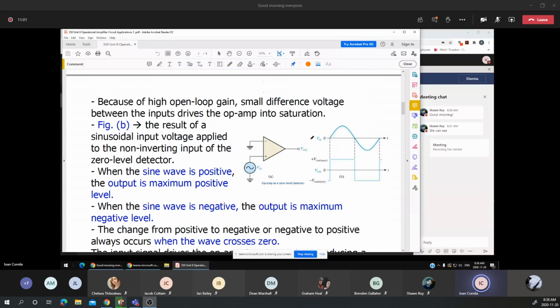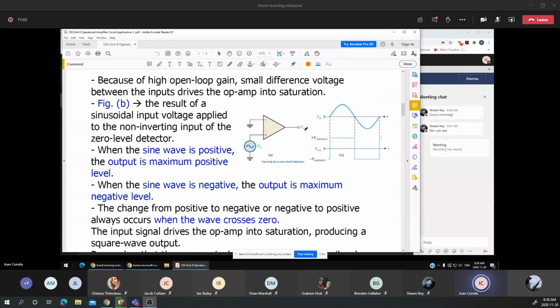changed to another state. In this example, I'm applying a sine wave, or really just a variable input voltage, where Vin is just a tiny bit greater than the reference voltage.